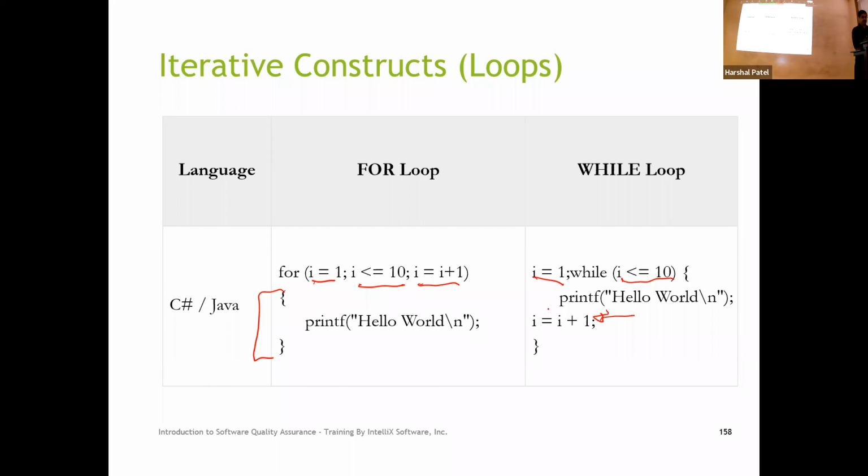Sometimes this counter could be an external variable that may be influencing it. But if I take this increment off, this loop will run forever, because the value of I will always be 1. That means it's always less than or equal to 10, and it'll keep doing this forever.